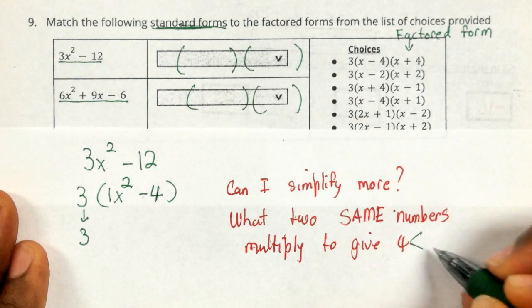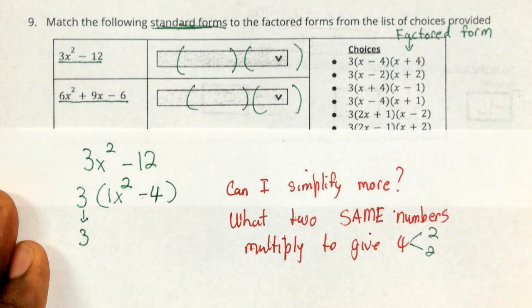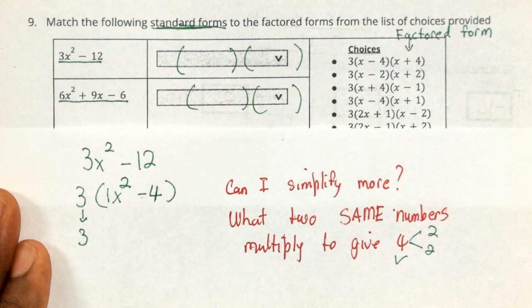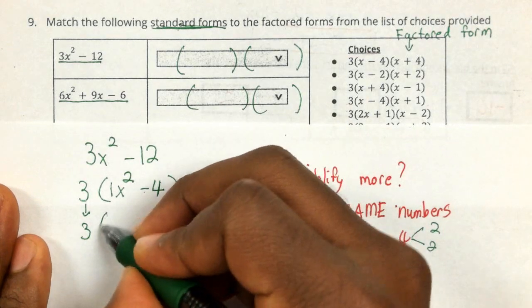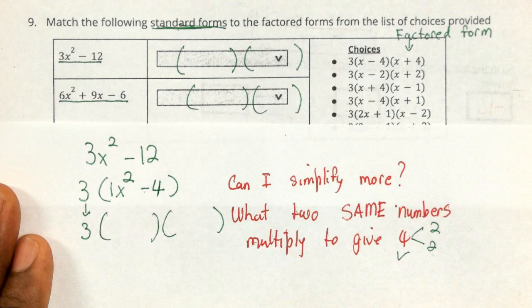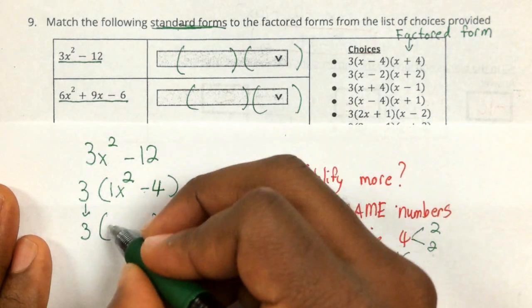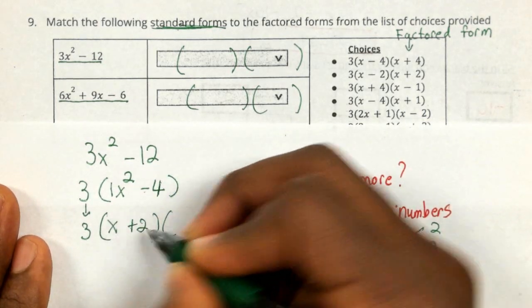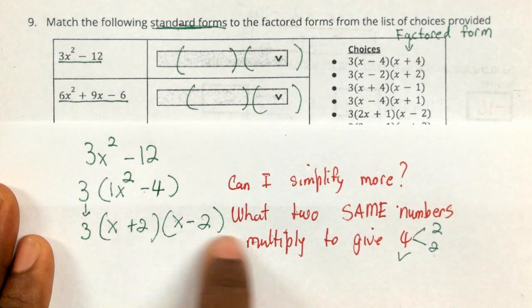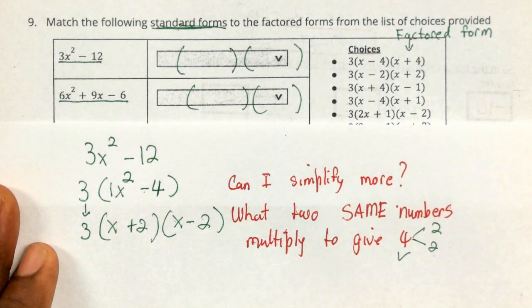Yes, you do. 2 and 2. So that means you are going to simplify it more, all right? So we write 2 more pairs of parentheses so that we can write the actual factored form, okay, which would be x plus 2 and x minus 2, all right? And this would be the complete factored form, all right?